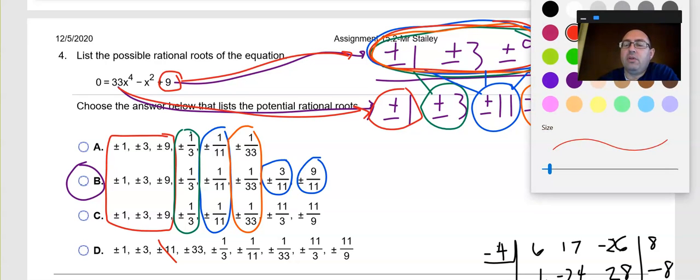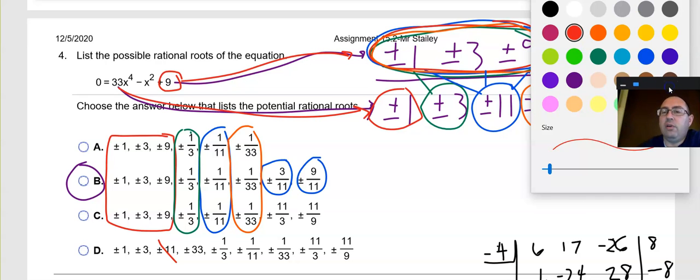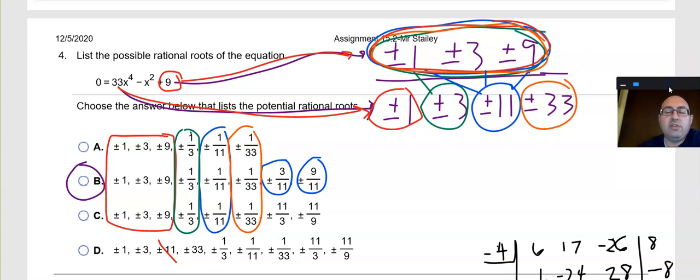So I took the 1, 3, and 9, circled them in red, and then divided by the 1.